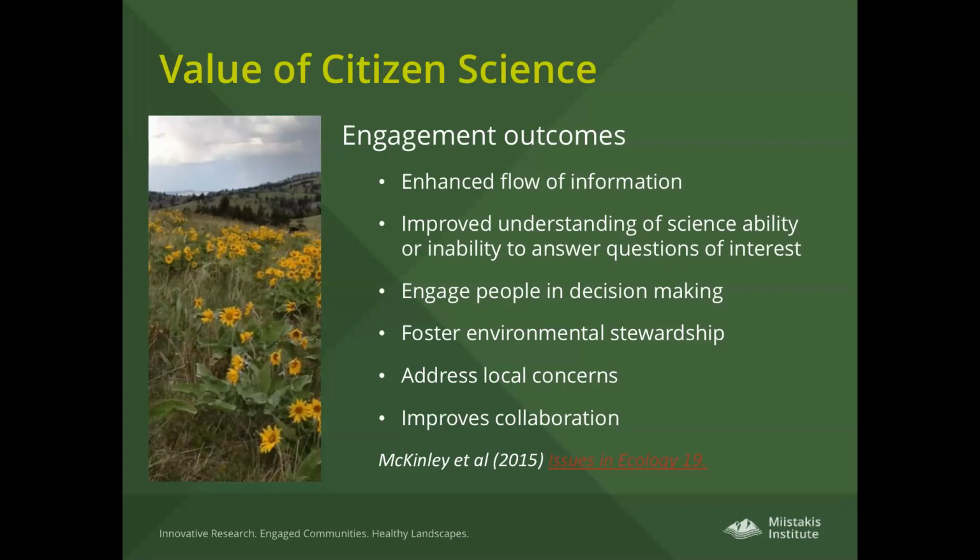An example is a program called Monarch Watch, where citizen scientists contribute their observations of monarchs as they travel down their migratory routes. What they saw is that participants contributing their data resulted in behavioral changes for a number of those volunteers, who started planting pollinator gardens in their backyard as a direct result of participating in the program.